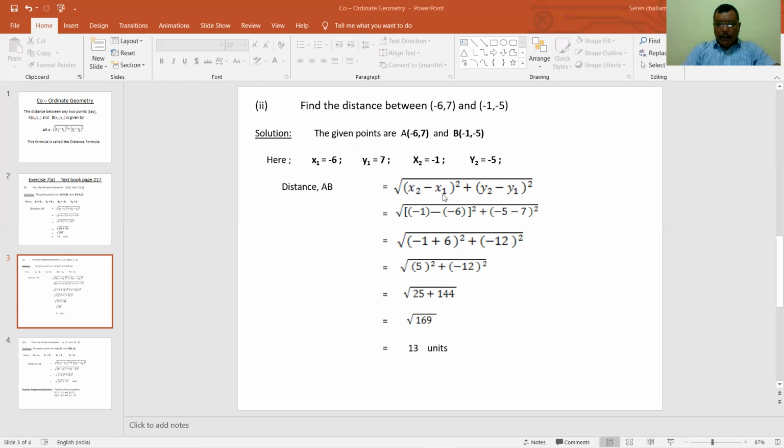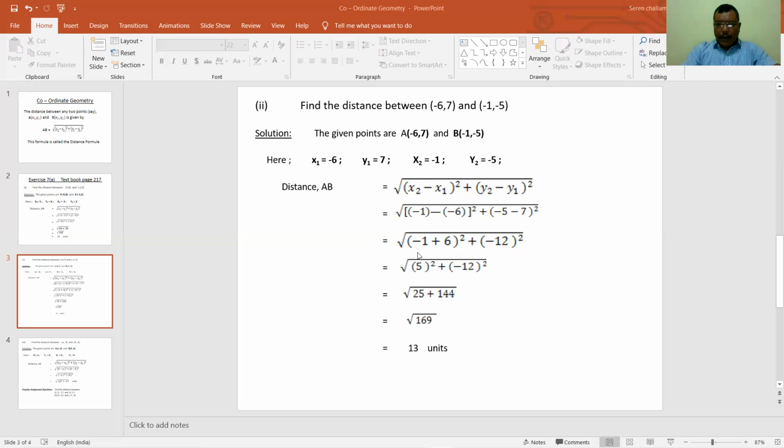Minus, again, x1 value is minus 6. So again, we put it inside the bracket, minus 6, and whole thing square plus. Now y2 is minus 5, so we put here minus 5 minus y1 is 7, so we put here 7 whole thing square.